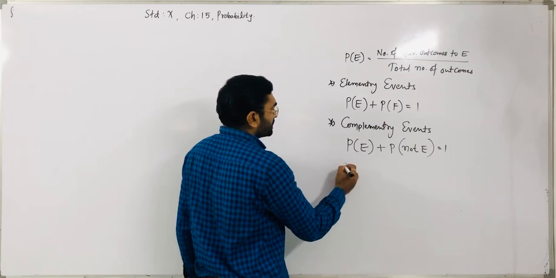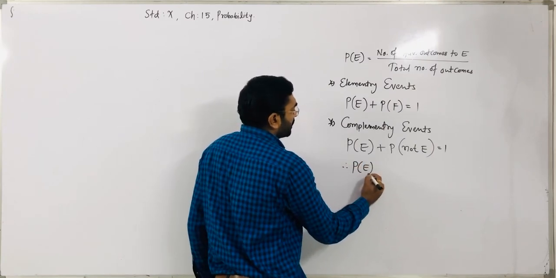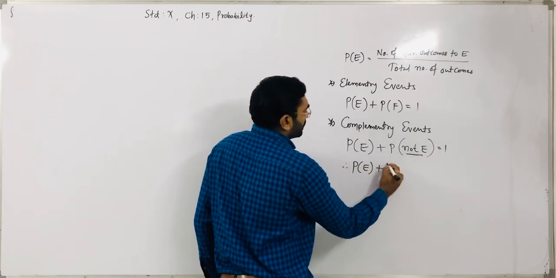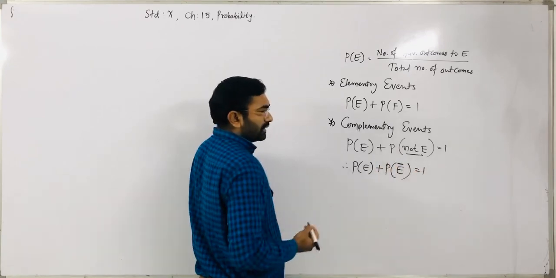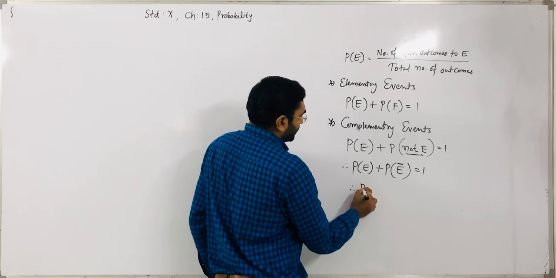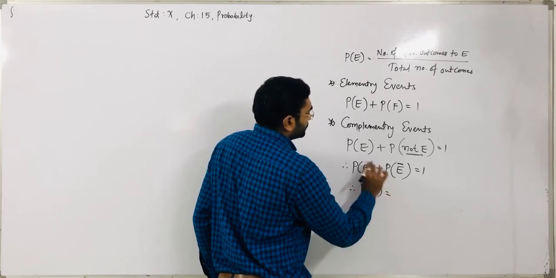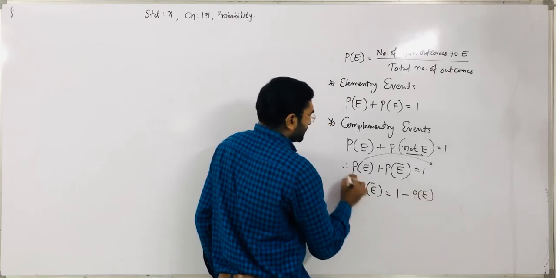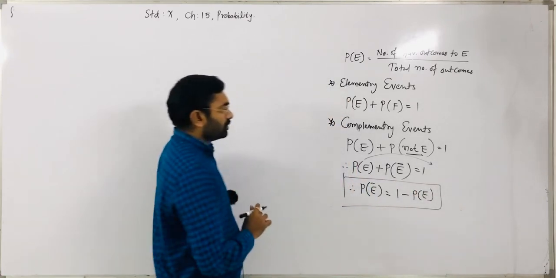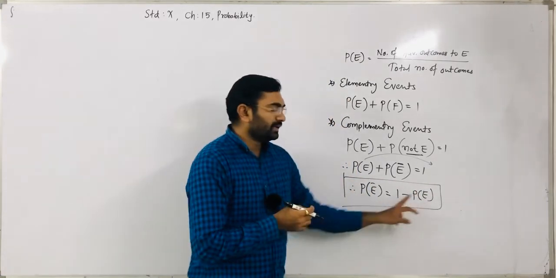So P(E) plus P(not E), which we can represent by E bar, is equal to 1. So P(E bar) is equal to 1 minus P(E), as P(E) goes to the right-hand side and becomes a minus. That is another formula for the complementary event.